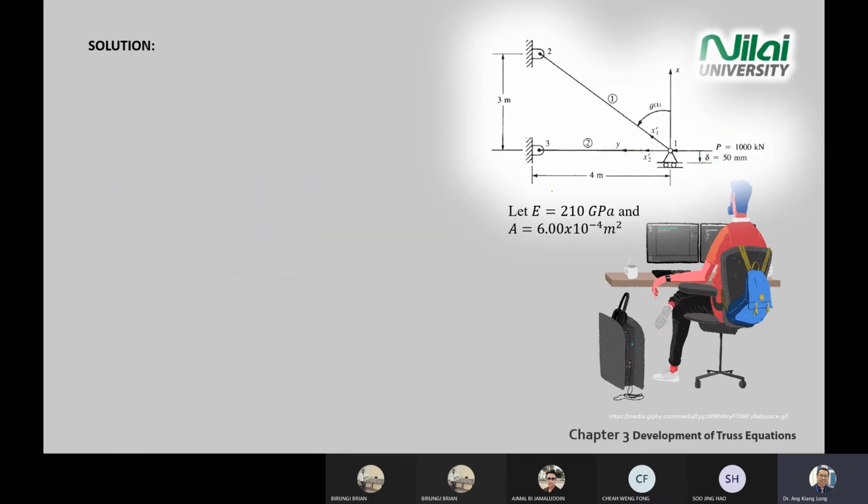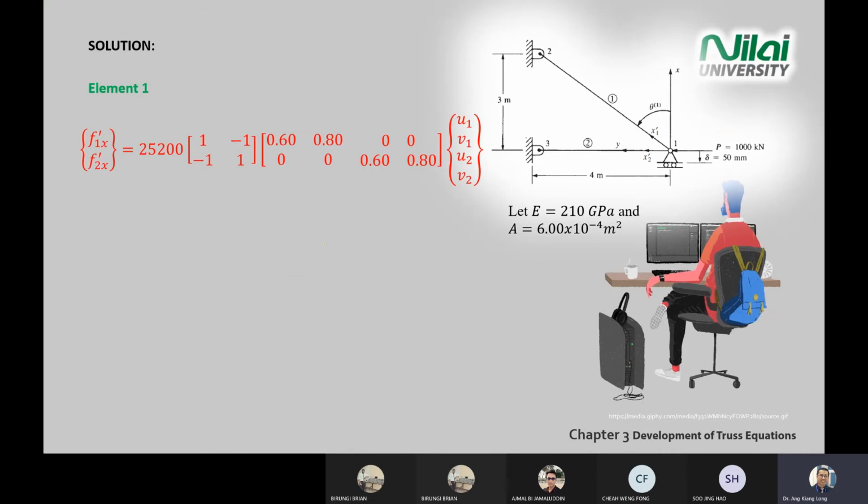All right. Then you continue solving. For element 1, we need to solve the forces inside element 1. So actually you are looking for small f. And every time you deal with small f, you call the standard equation F equal to KD again.